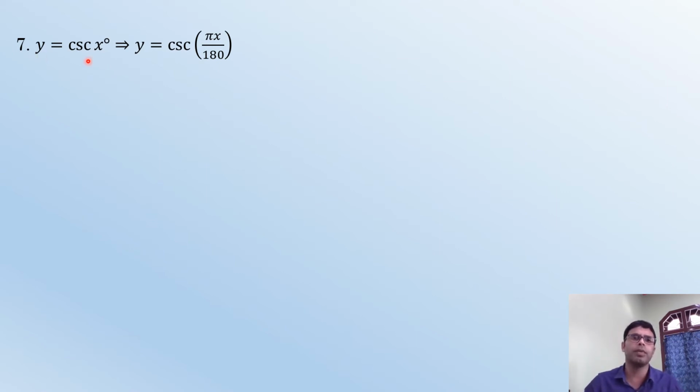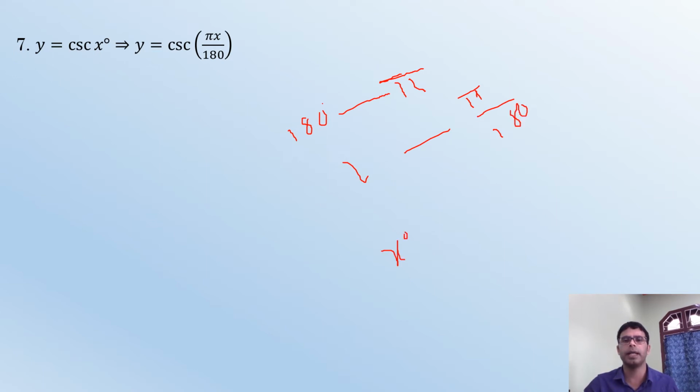So first of all, y is equal to cosec x degree is nothing but cosec of pi x by 180. You know that one, you see, because we know 180 degree is pi radian, then 1 degree is pi by 180 radian, and then x degree will be pi x by 180.